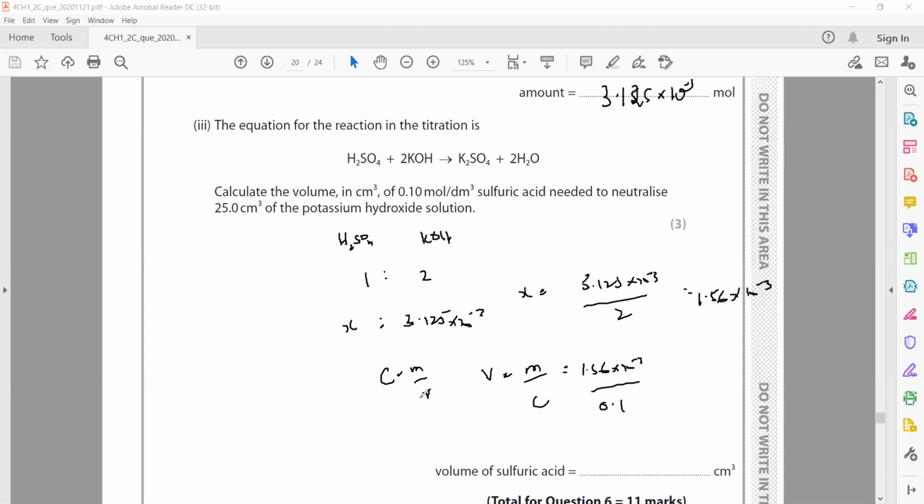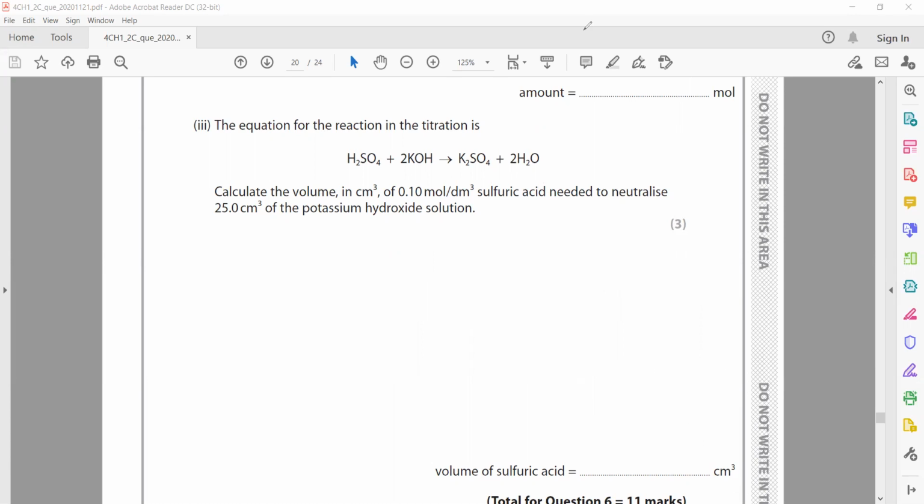The final answer is in cm cube. The result will be in dm cube, decimeter cube, but we have to convert it to cm cube. So we'll multiply by 1000, which equals 15.6 centimeter cube, as the final answer is given in cm cube.